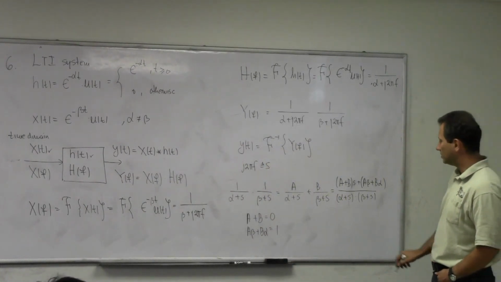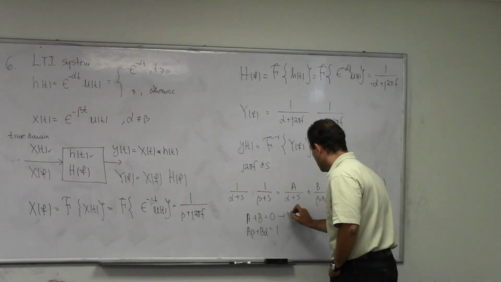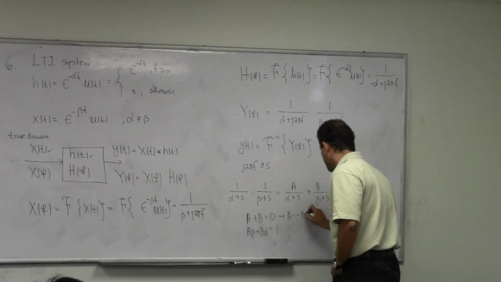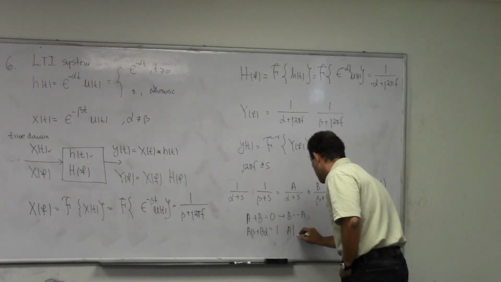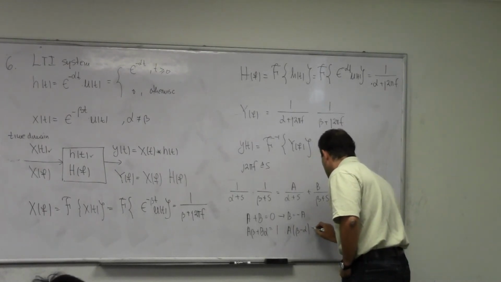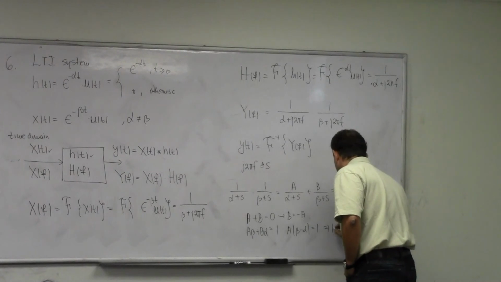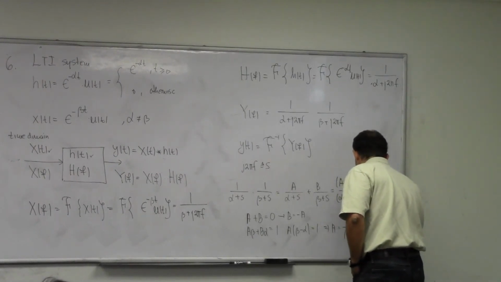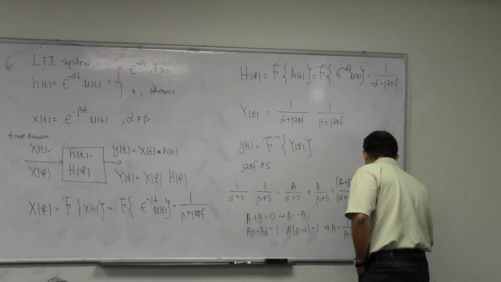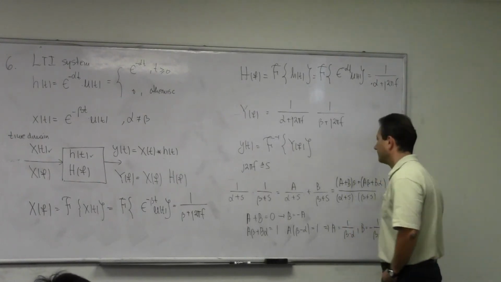This is very easy to solve. B needs to be minus A. Putting that in, you get A times (beta minus alpha) equal to 1. Therefore, A is 1 over beta minus alpha, and B is minus 1 over beta minus alpha.